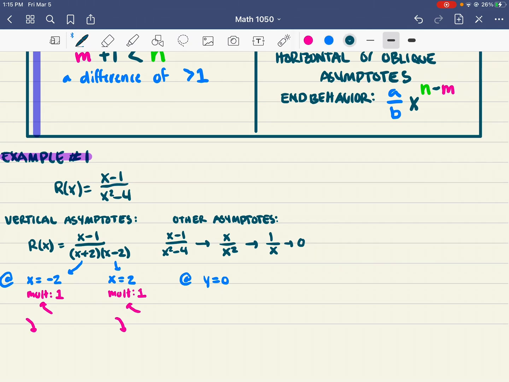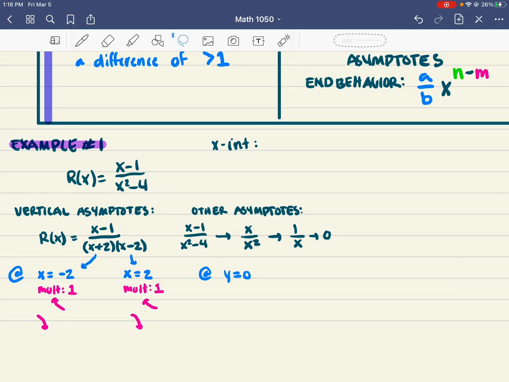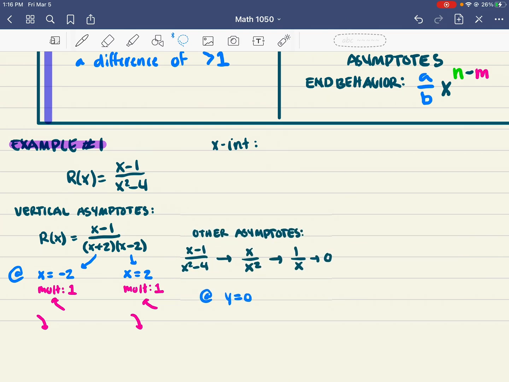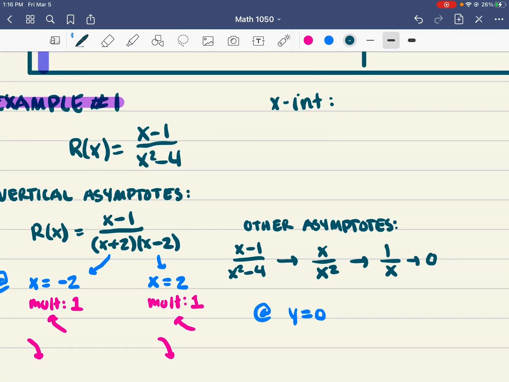Other things that are really good to know are the x-intercepts and the y-intercepts of this, and they're really not too hard to get. The x-intercepts are found by, and I think I might need more room, so I'm going to move that down a little bit. X-intercepts happen where the numerator equals 0, because the denominator doesn't matter if the numerator equals 0. Dividing 0 by anything still gets you 0.